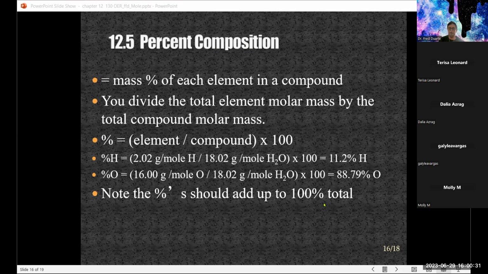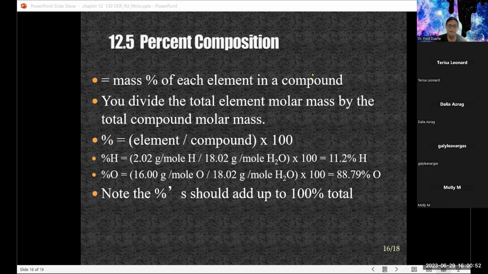And then basically we divide the individual contribution that every atom brings by the total mass, the molar mass, times 100, and you get a percent composition. For example, this one here, water, H2O.